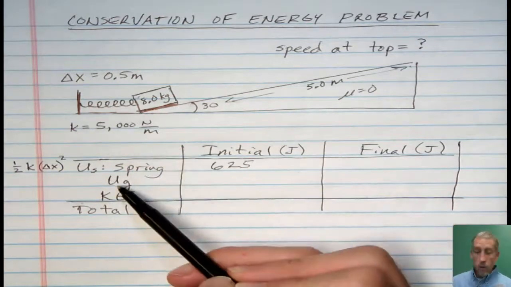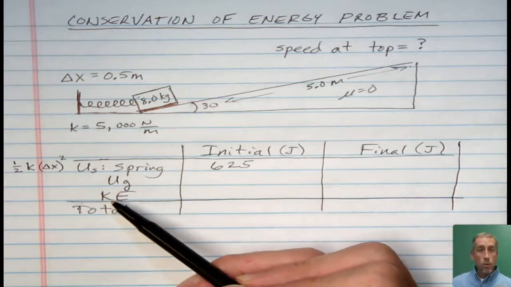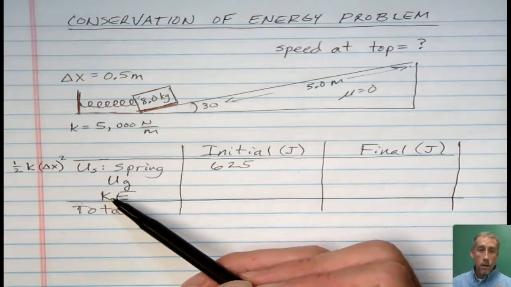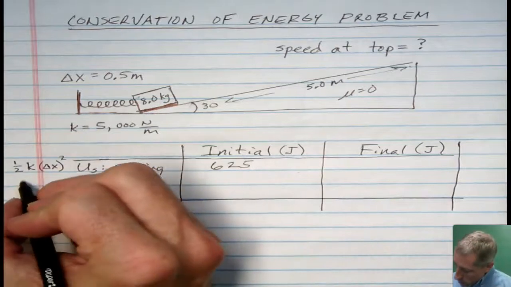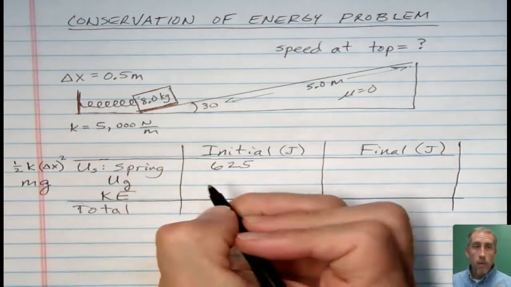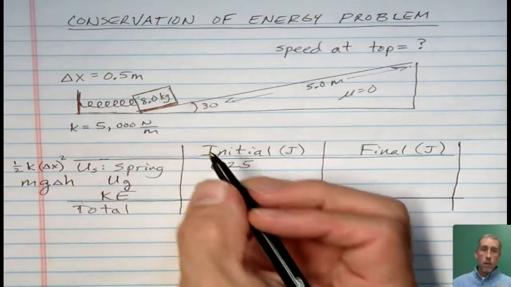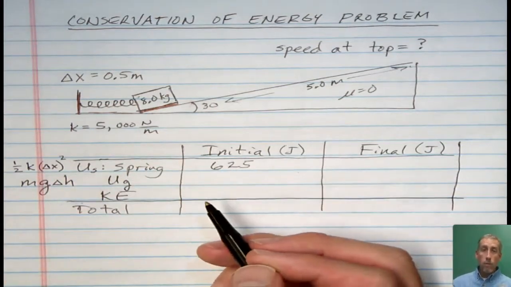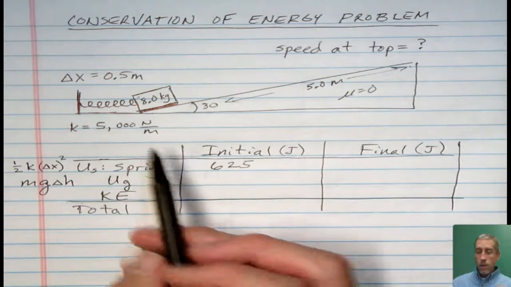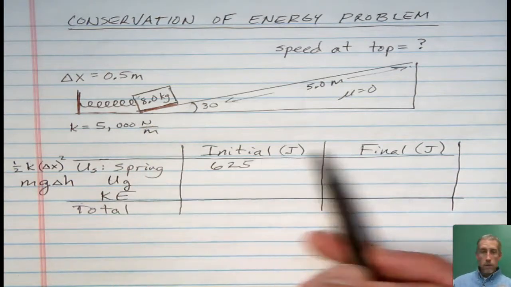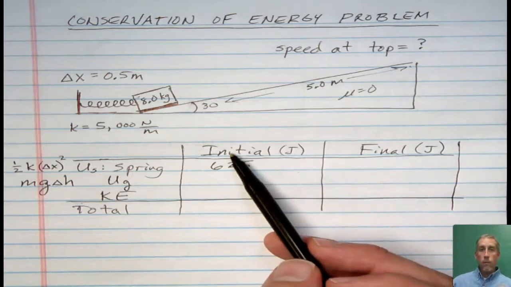Now, for gravitational potential energy, you have your choice of what you would like to measure from. As far as the height, this all is about the mass and the gravitational field that you're sitting in and the height that the object is. And that height has to be measured from some reference level. So I like to take the lowest point that I have in my problem, that I'm referring to as either initial or final, and I just call that one 0.